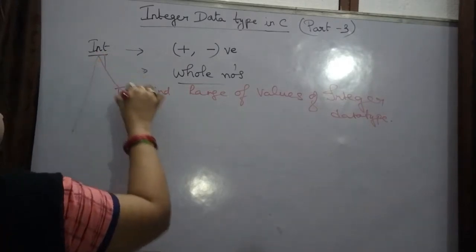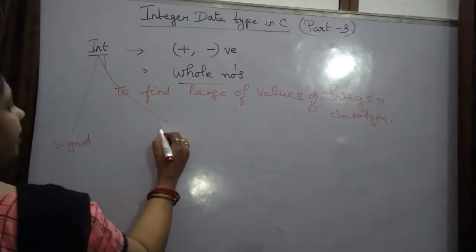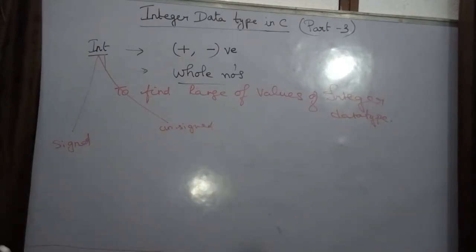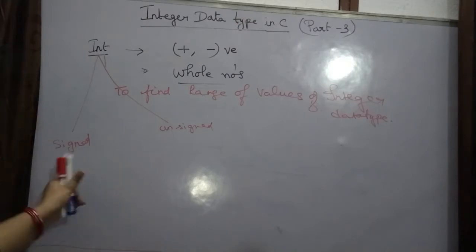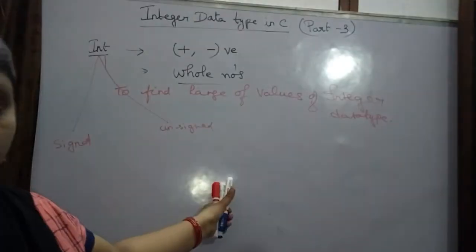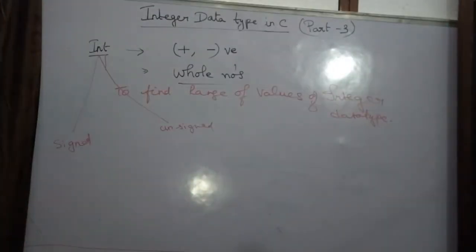In this you have signed and unsigned, so you have different ranges of values. For signed you have one range of values, for unsigned you have another range of values. How you will calculate that, I will tell you now.